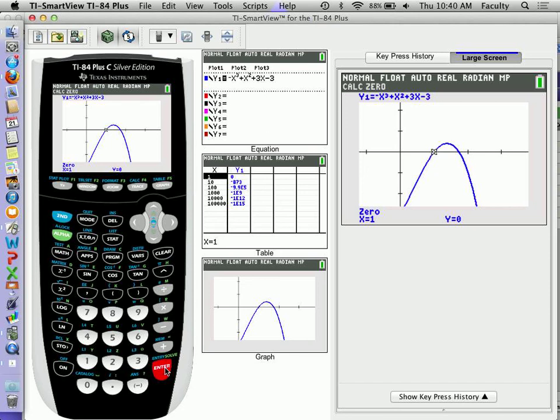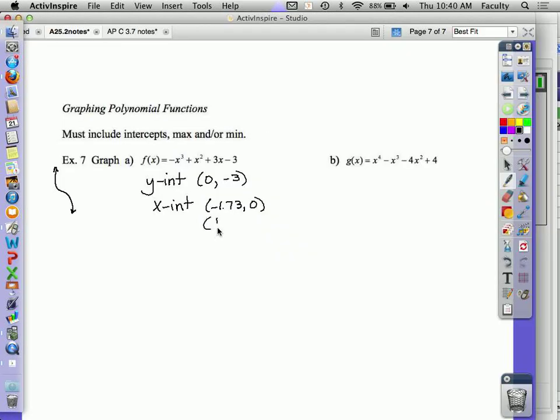You should be able to do this now on your own. Okay, now it says, did you guys get 1.73? Yes. Okay.